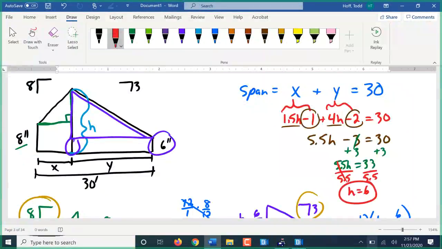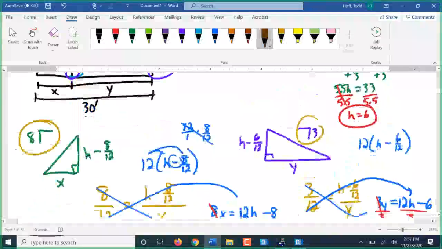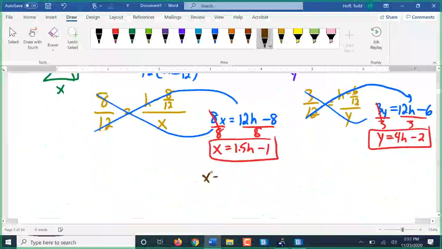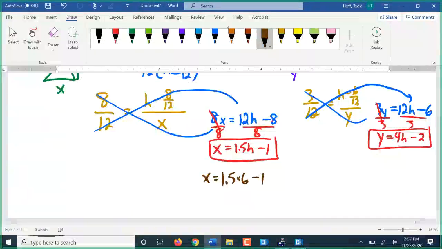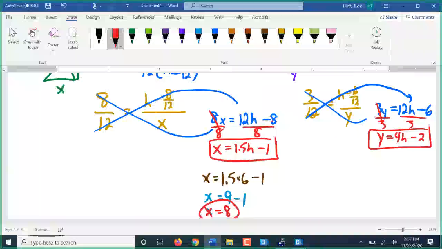Now that we know that h equals 6, we can find x and y. X equals 1.5h, that's 1.5 times 6 minus 1. 1.5 times 6 is 9. 9 minus 1 is 8. So x equals 8.